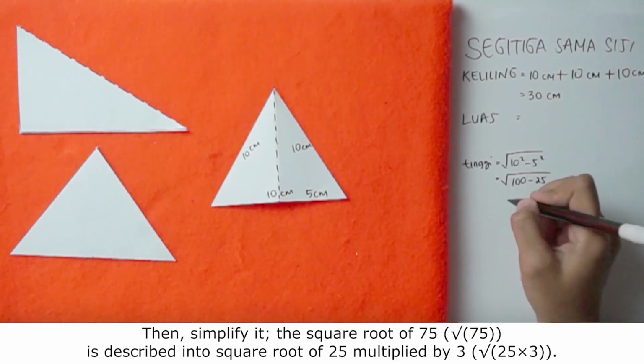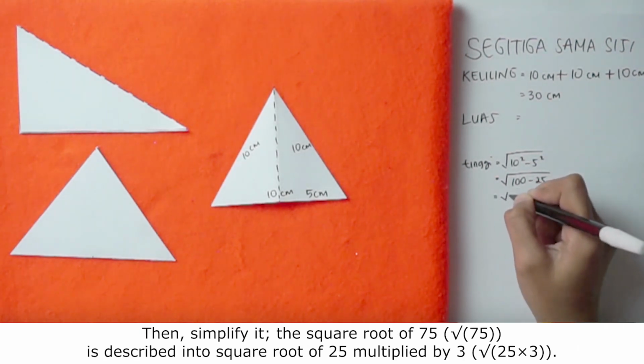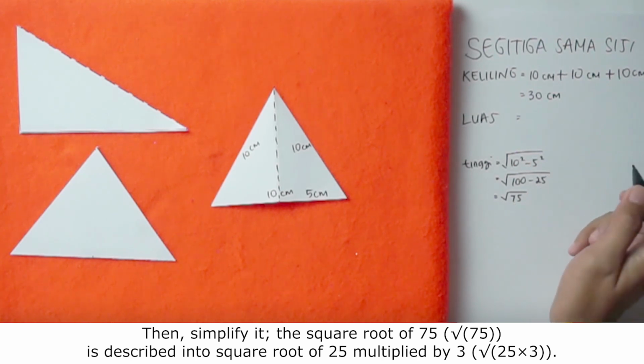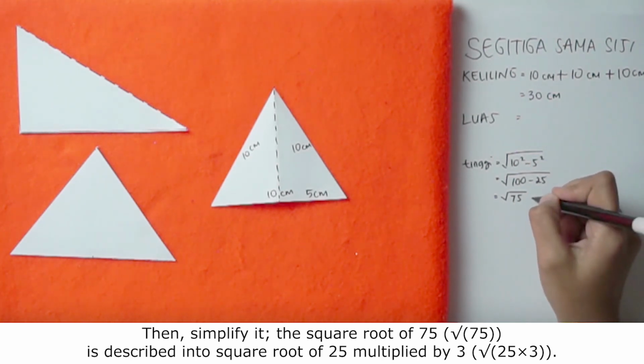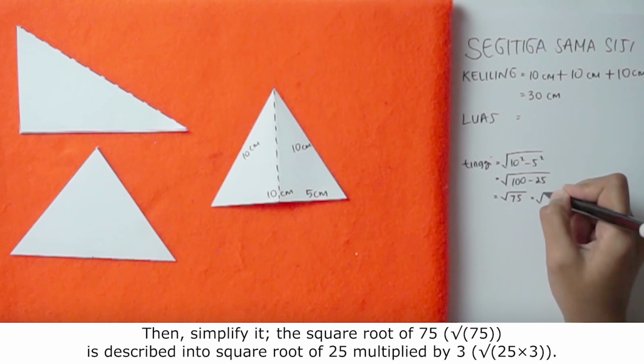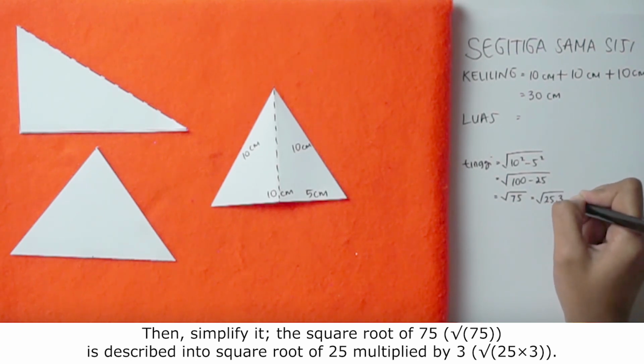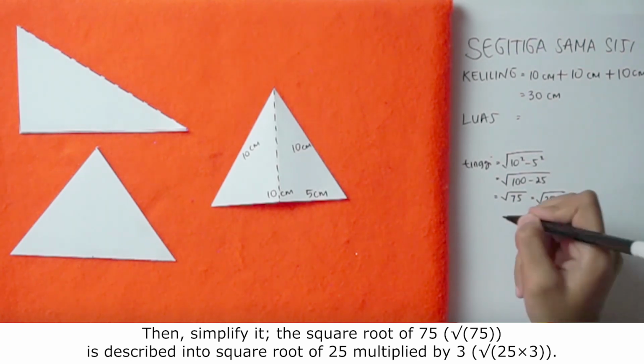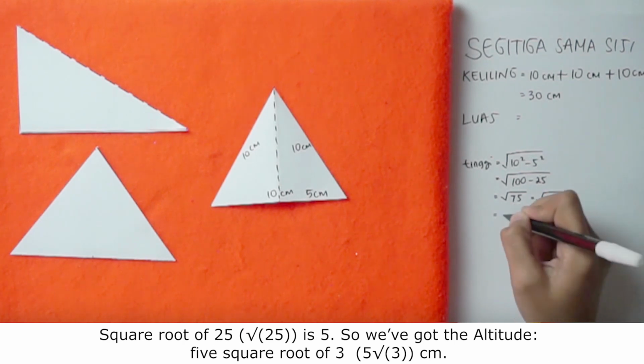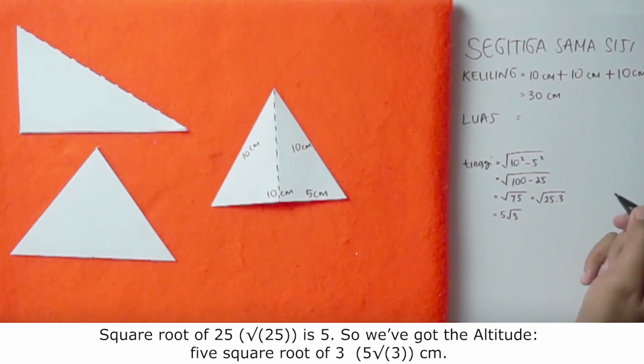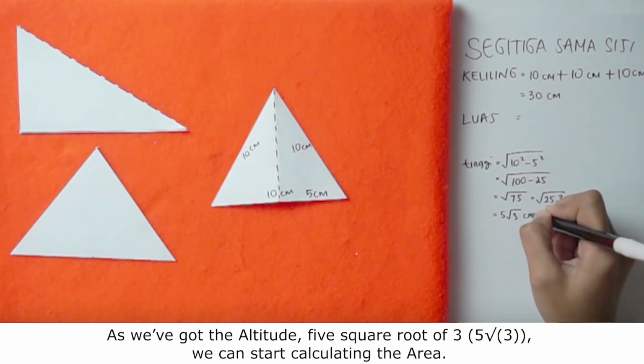Then simplify it. The square root of 75 is described into square root of 25 multiplied by 3. Kita uraikan menjadi 25 dikali 3. Square root of 25 is 5. So we've got the altitude 5 times square root of 3.